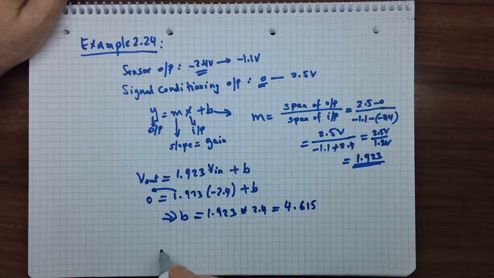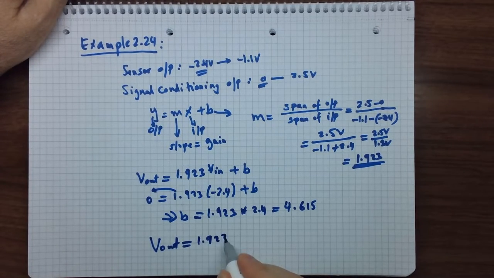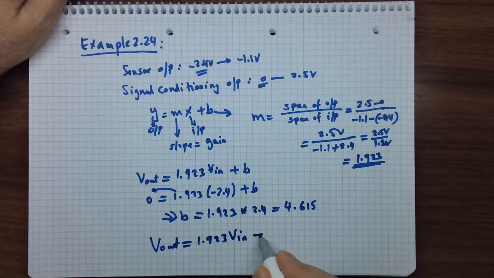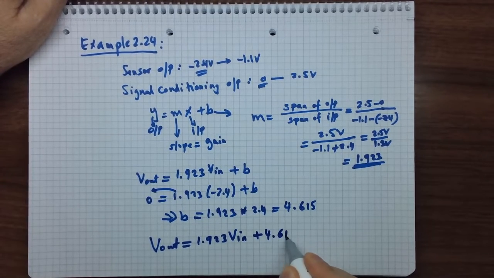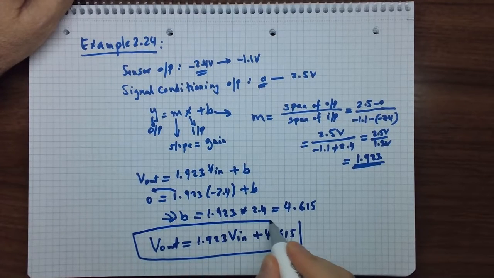So the final equation is V out equal to 1.923 Vin plus 4.615. This is the equation that we need to implement.